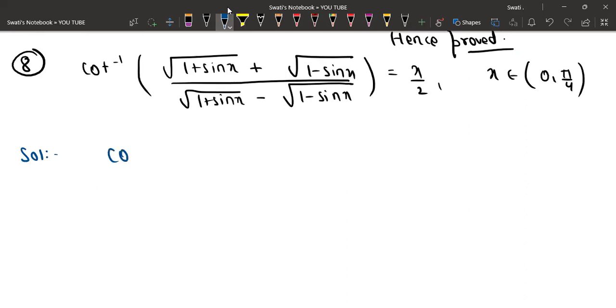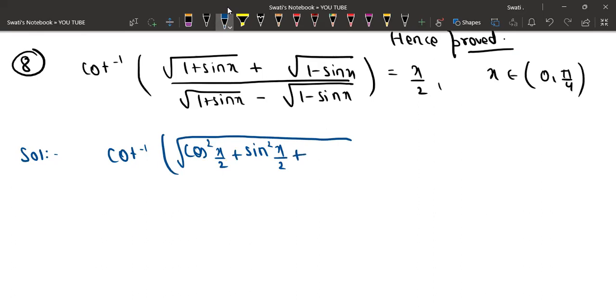So here what I'm going to do, I'm going to write down cot inverse as it is. I'm going to write down at the place of 1 cos square x by 2 plus sine square x by 2. Why? Because we know that cos square theta plus sine square theta is 1. So cos square x plus sine square x is also 1. So cos square x by 2 plus sine square x by 2 is also going to be 1 only, right? Remember, it is still inside the root. And then plus at the place of this sine x, there is a formula that I'm going to use.